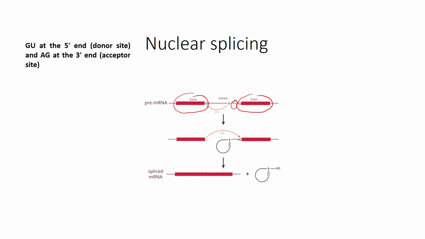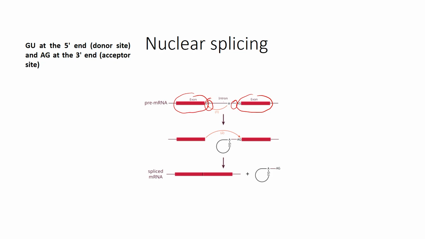And so, this G region, you call it the donor, because this will allow the splicing to occur, this will donate its group here, and the other end which will get cut, you call it the acceptor.